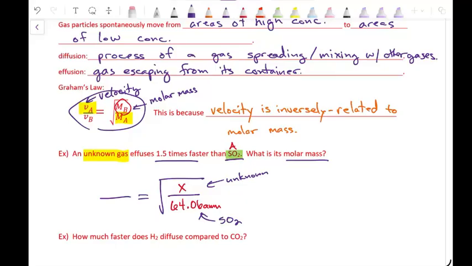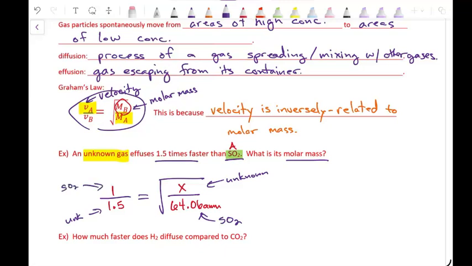And if the unknown is 1.5 times faster, then I'm going to give it the velocity 1.5. And that's going to go on the bottom because its molar mass, which is X, is on top. And then the SO2, which is the slower gas, would be 1, because if you look at the statement, the unknown is 1.5 times faster than SO2. So 1.5 would be the relative velocity of the unknown, and 1 would be the SO2.